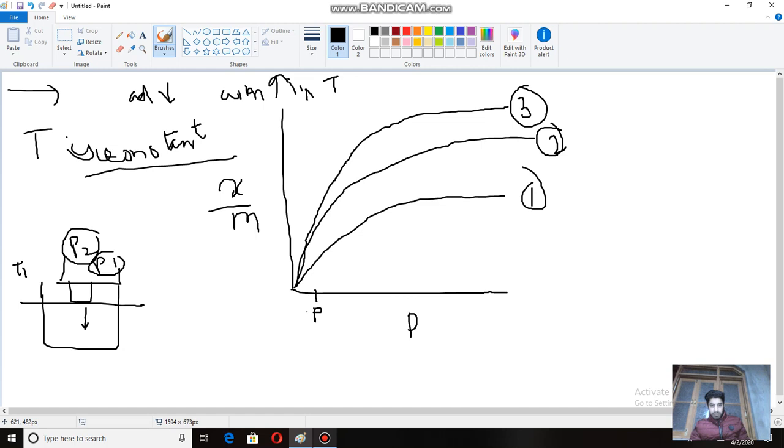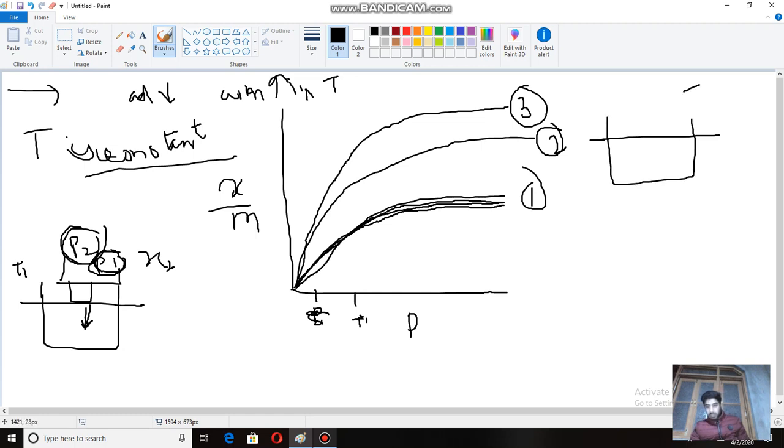Let's say at this P1, x1 amount of adsorbate was adsorbed, and at P2, x2 was adsorbed, and this graph represents that process, how x by m varies versus P. Similarly, we have taken another system kept at temperature T2, first P1 then P2, and we have drawn this graph.